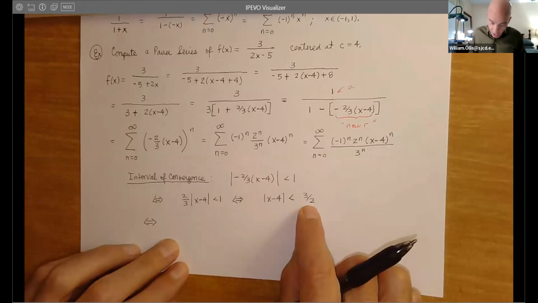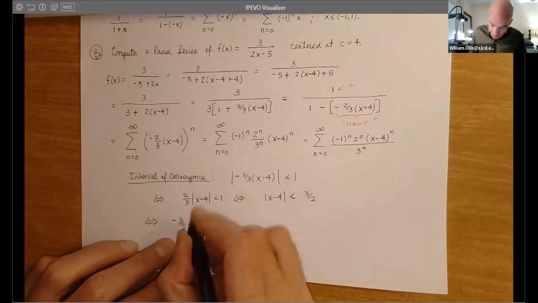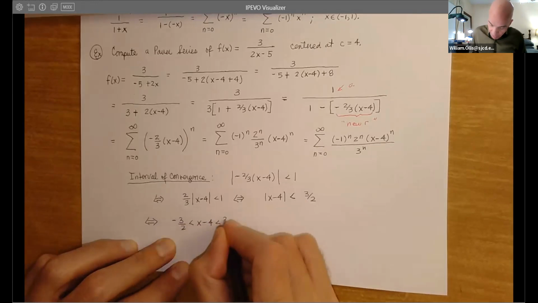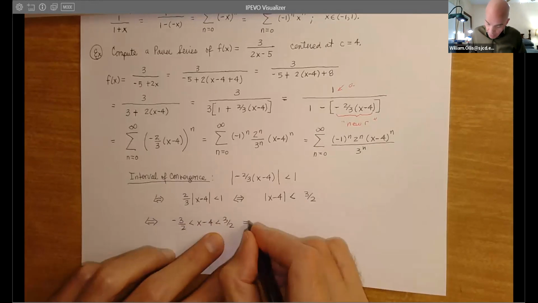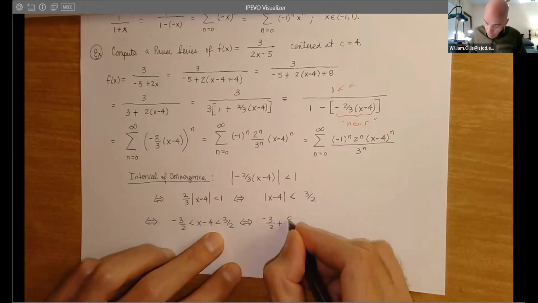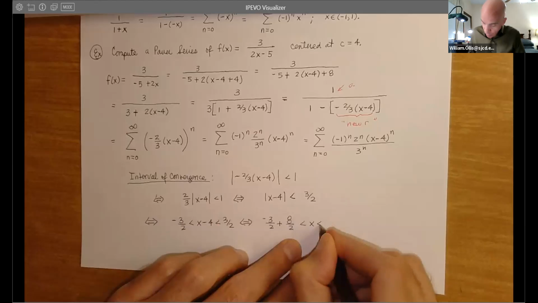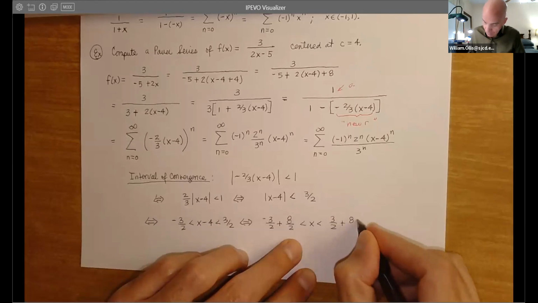So now the conjunction, so we have negative 3/2 less than x minus 4 less than 3/2. Now we can just add 4 all through. So negative 3/2 plus 8/2 less than x less than 3/2 plus 8/2.